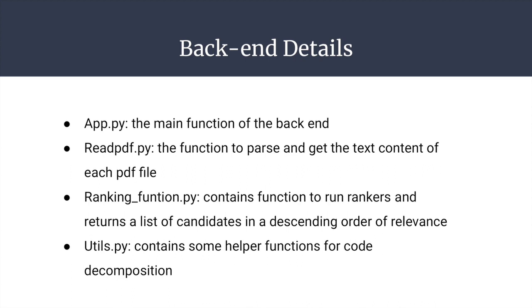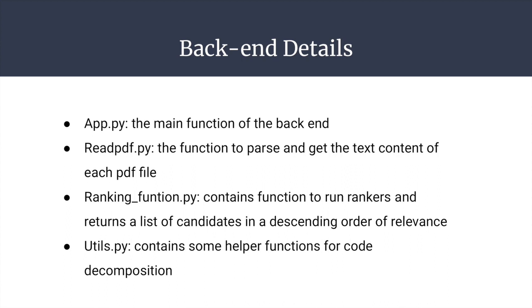In the ranking function, we get the queries from the front end, and then we eliminate stop words, and then return a list of candidates in descending order of relevance. Then in utils.py, we have some helper functions for code decomposition.